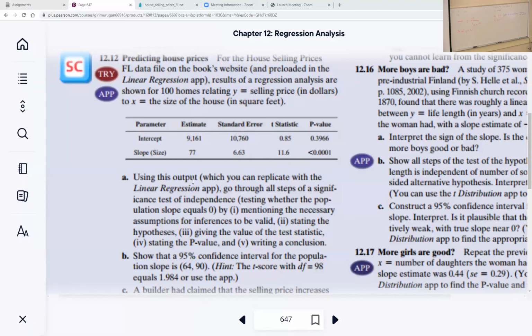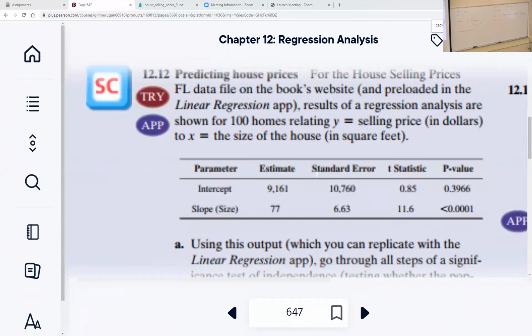Now, the textbook provides a summary, and that's the summary that the book has. The intercept is 9,161. Does it match the value that we put down?